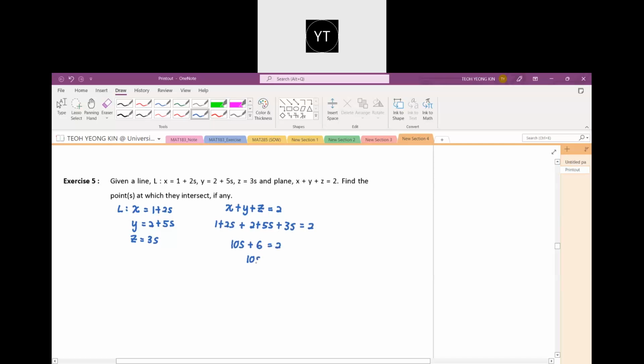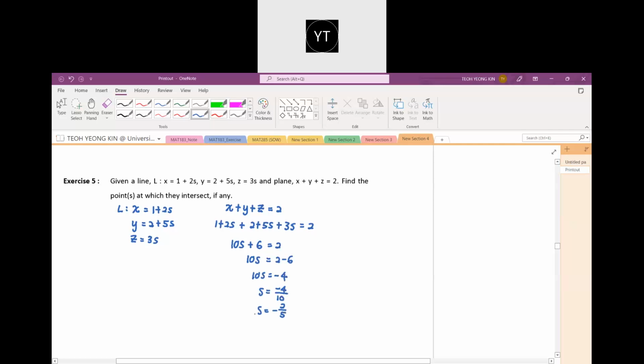So 10s equals 2 minus 3, which is negative 1... 10s equals negative 4, so s equals negative 4 over 10, or simplified, negative 2 over 5.